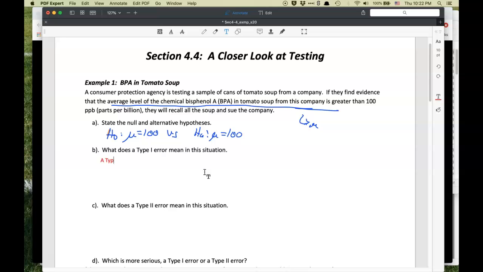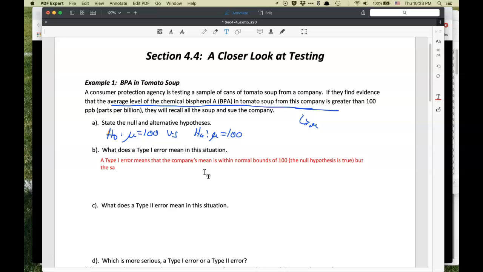So let's say a type 1 error means that the company's mean is within normal bounds of 100. That is, the null hypothesis is true.